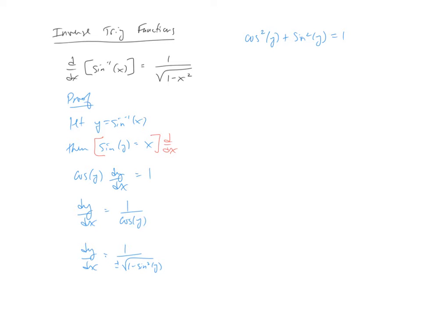And we know from the start that sine of y is equal to x. So there sits our 1 minus x squared. So from here, the dy dx is going to be plus or minus 1 over the square root of 1 minus x squared. So we're almost there, right?